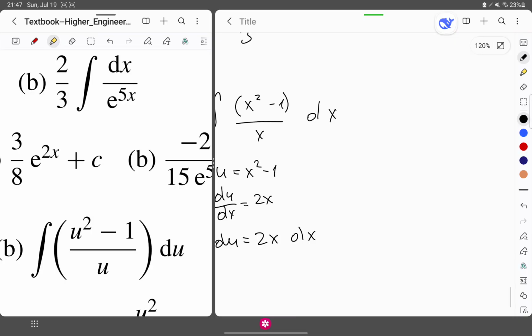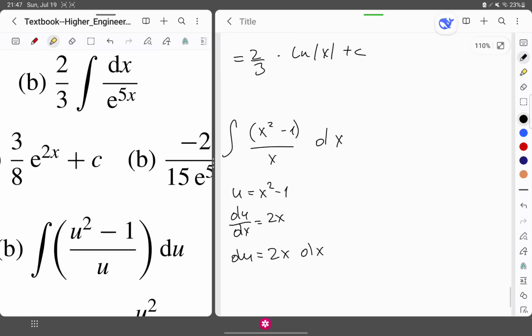Okay, x squared minus 1, derivative of x equals 1. Okay, there will be no meaning.